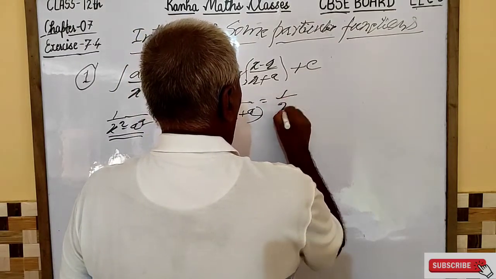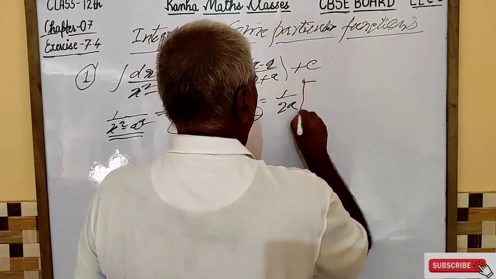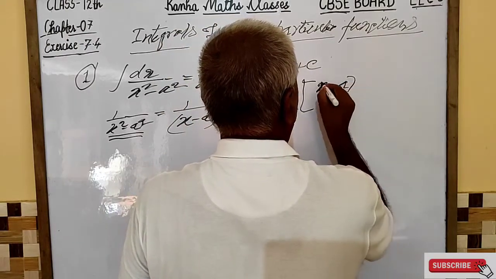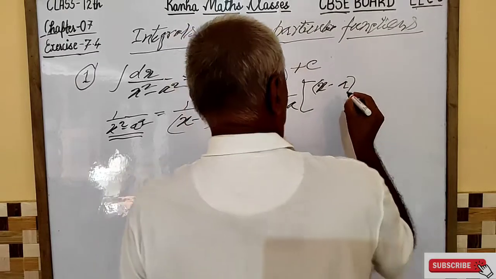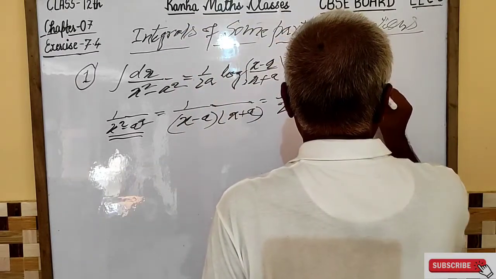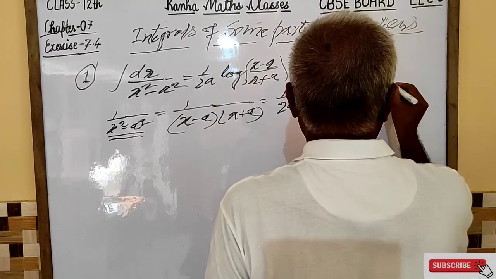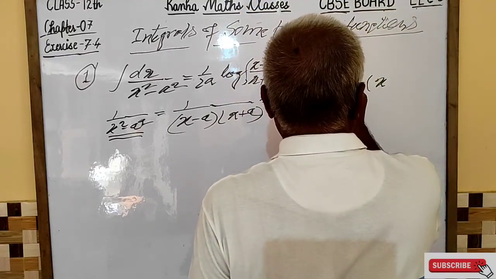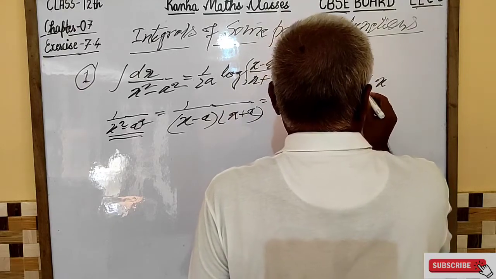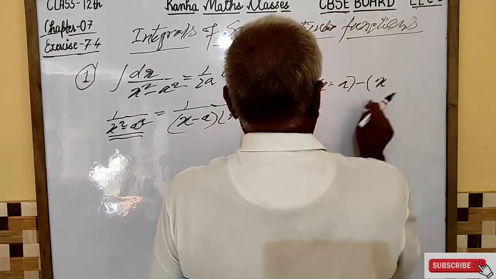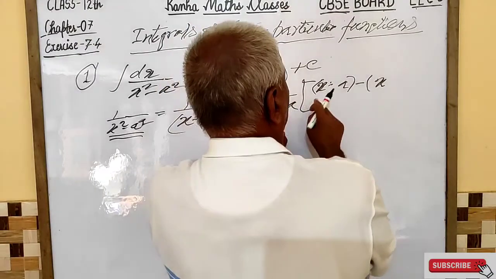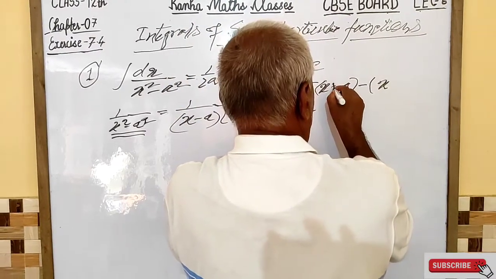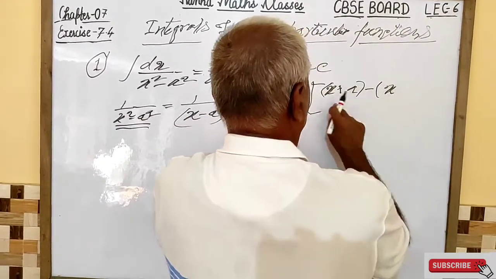I will write here 1 upon 2a, x minus a minus x plus a, because we have taken here 1 upon 2a, it means here we must write like this, that the numerator will be 2a.